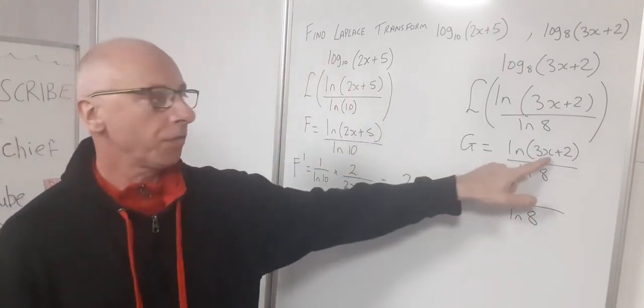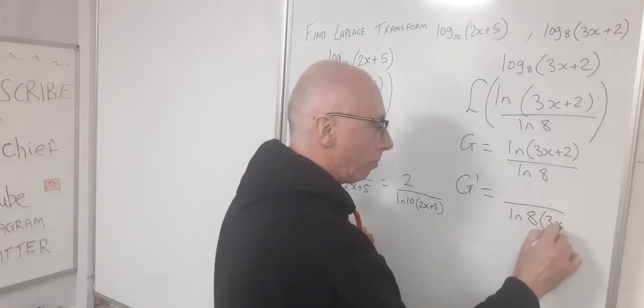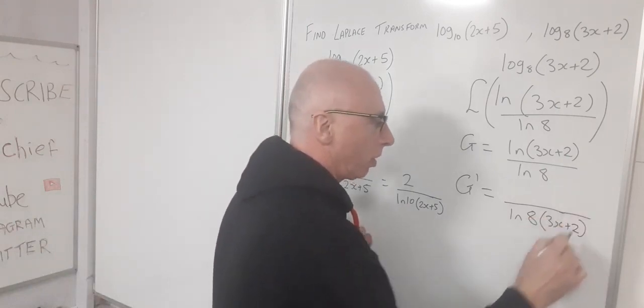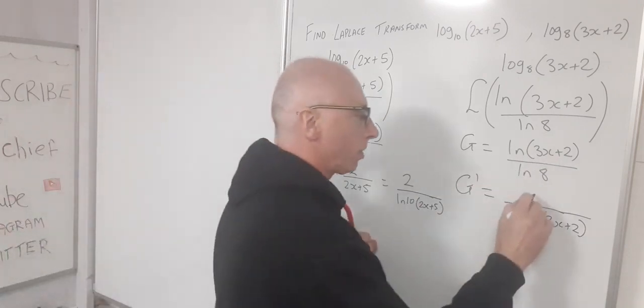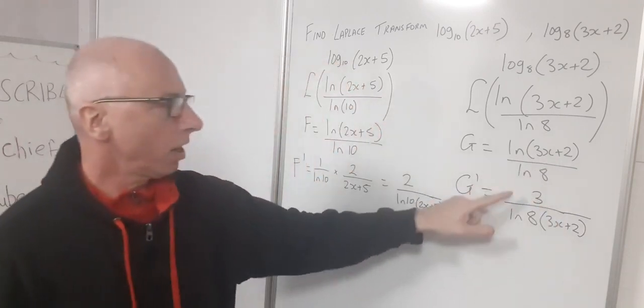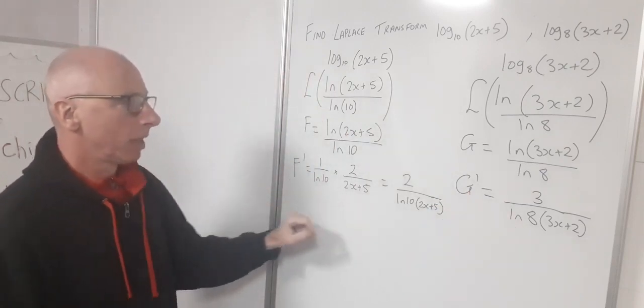And then we've got 3x plus 2 in our denominator. And then by the chain rule, we multiply all that by the derivative of 3x plus 2, which just gives us 3. So that's our result for g prime and our f prime.